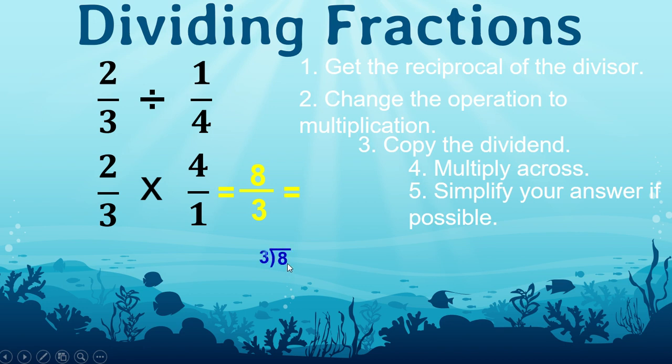So, we have 8 divided by 3. We have 2 times 3 equals 6. So, sanay naman kayong mag-divide. So, ito yung makukuha nyo. So, it means you will have 2 and 2/3. This is dividing a fraction by another fraction.